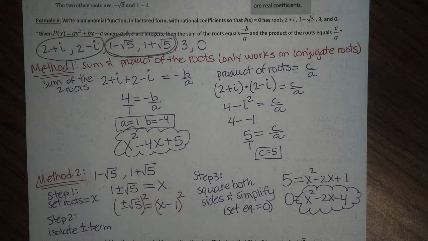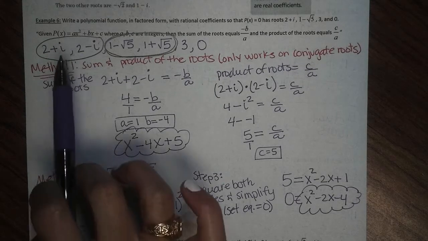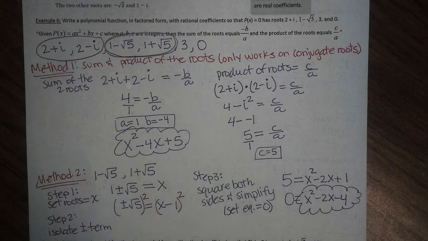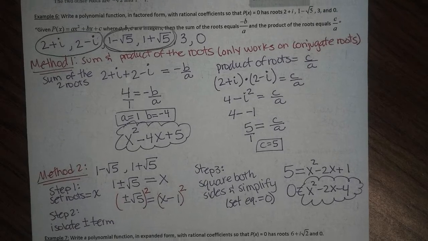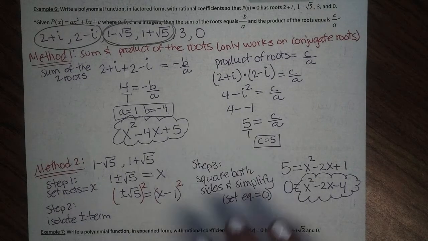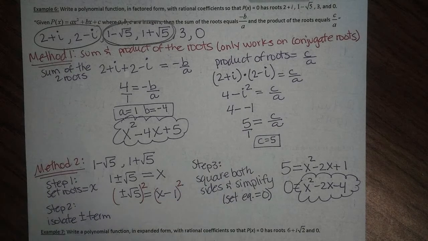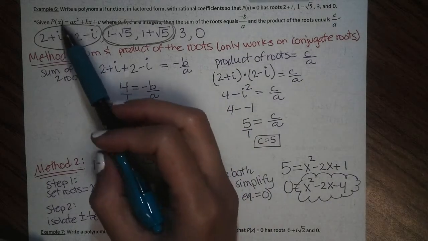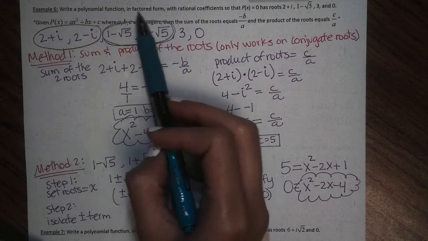To get my whole polynomial together, remember the whole polynomial had 6 roots, so it needs to be like 6 factors. Here's my final answer for number 6. You want to leave it in factored form.